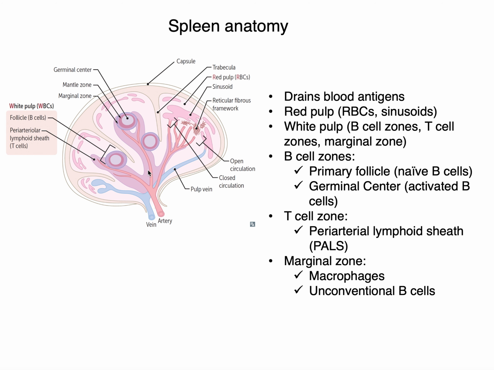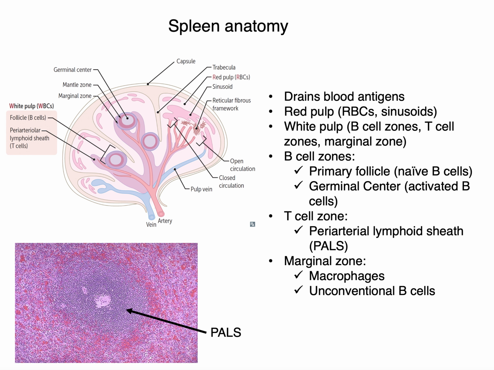And the marginal zone is another zone kind of on the periphery of these germinal centers, or these secondary follicles, that contains a lot of macrophages and unconventional B cells. And this is just a picture of looking straight on at an arteriole surrounded by this region of T cells called the periarterial lymphoid sheath.